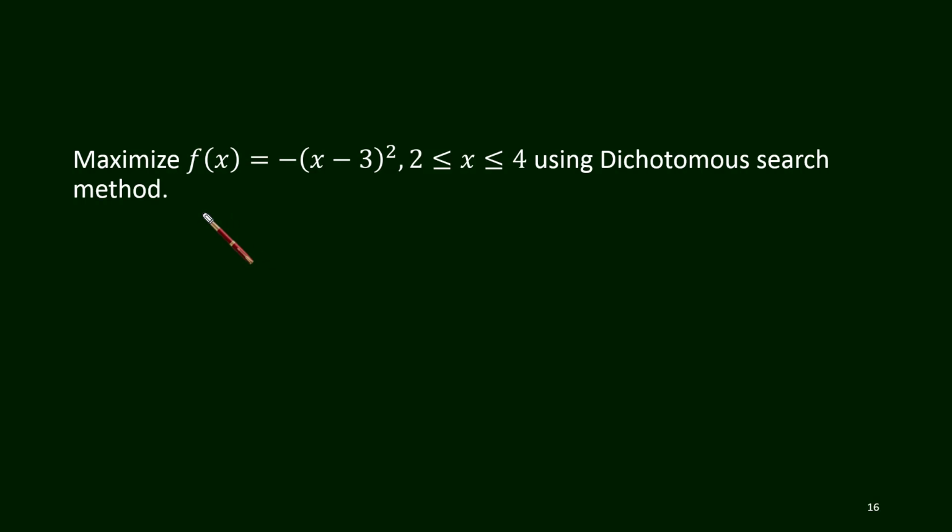The question is: find the values of XL and XR after 2 iterations. This is your assignment to do. Okay, thank you very much.